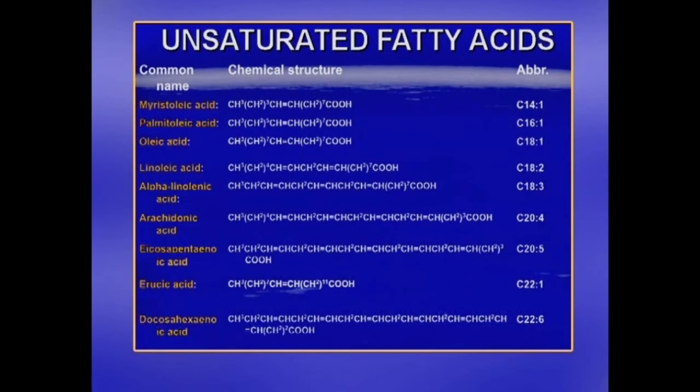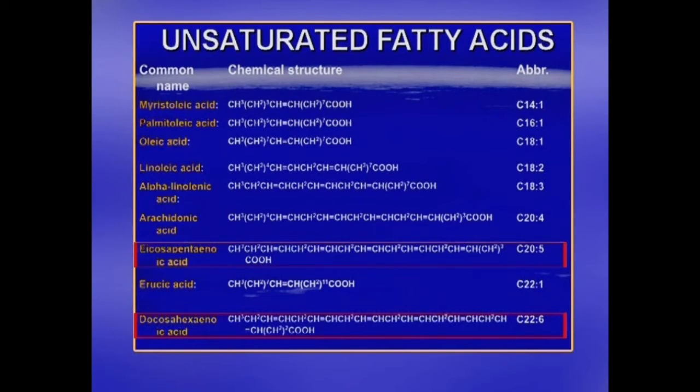If you look at the commonly occurring unsaturated fatty acids, you have myristoleic acid C14:1 indicating 14 carbons and 1 double bond, palmitoleic acid 16:1, oleic acid 18:1, the most commonly occurring fatty acid in all plants or plant related fats, linoleic acid C18:2, another commonly occurring fatty acid in plant based fats, alpha linolenic acid 18:3, arachidonic acid 20:4, eicosapentaenoic acid 20:5, erucic acid 22:1, docosahexaenoic acid 22:6.